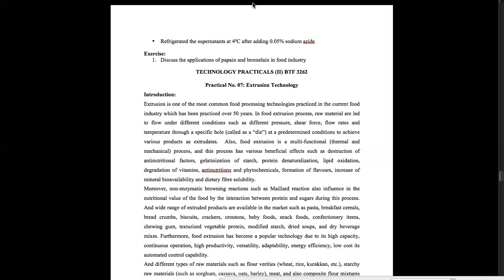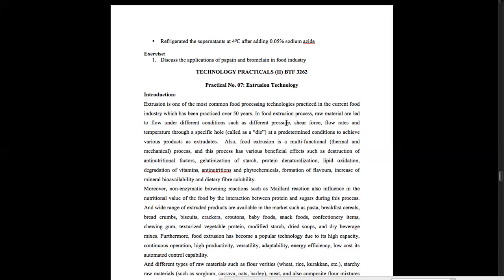In some extruders you can see pre-processing units. I hope you can remember these things. After extruding the product there are some steps such as flavoring, frying, and coloring, and you can do these processes adjacent to the extrusion process.